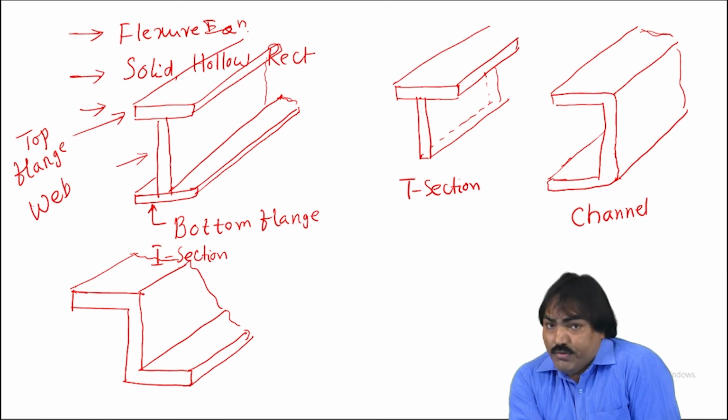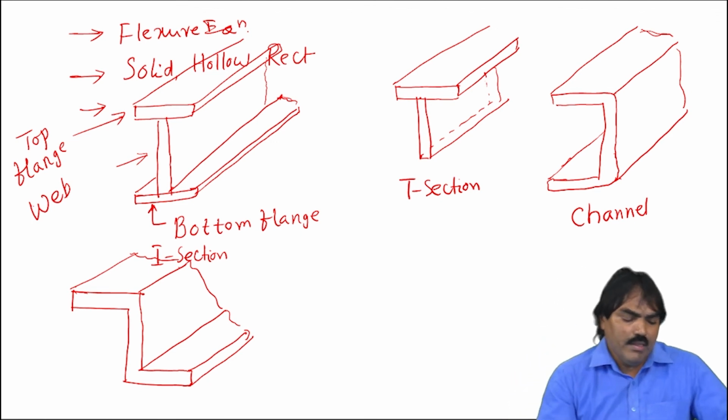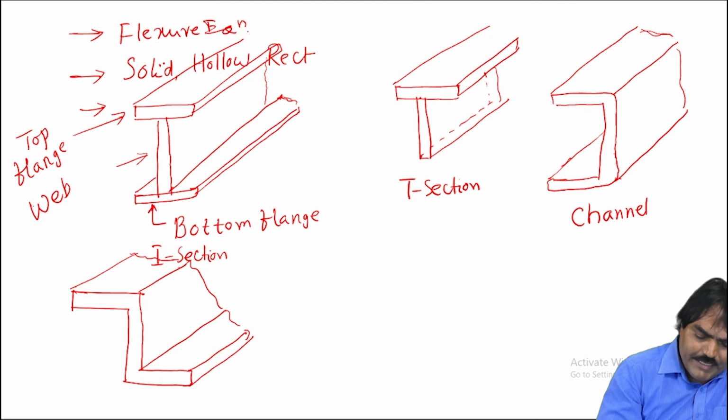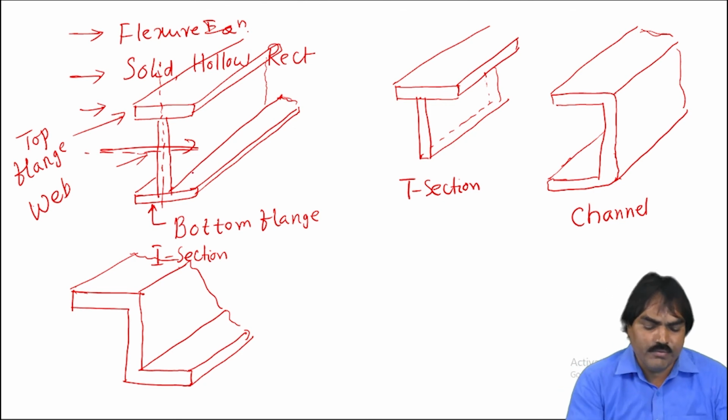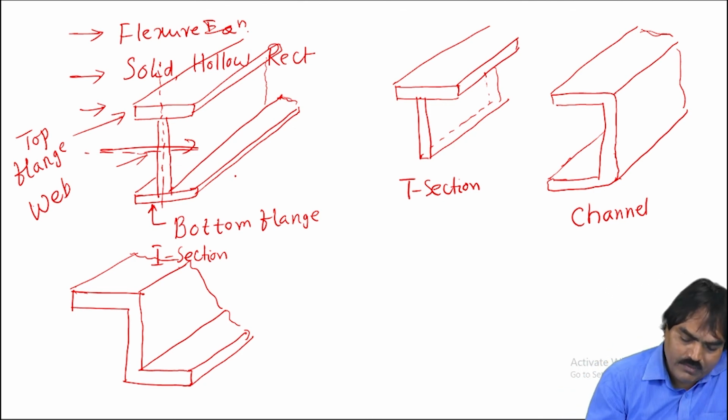Now here we have something significant. See, this I section is symmetric about the centroidal Y as well as X axis. So this is the section which is symmetric about both axes.